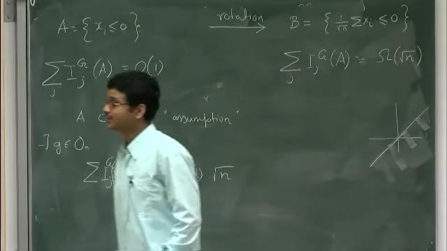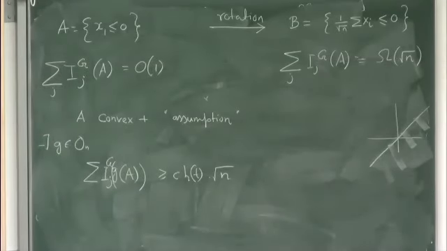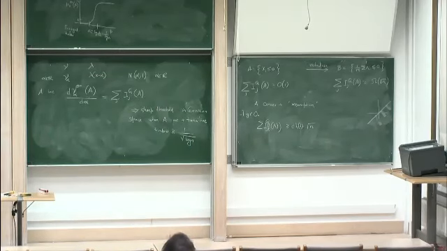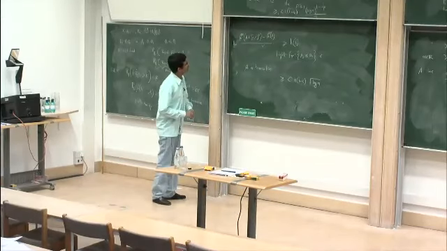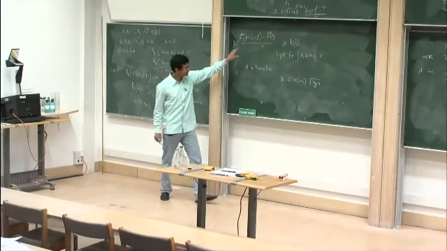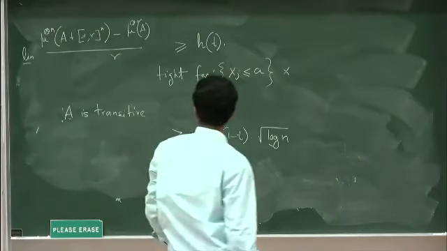Okay, so the time is more or less up, so let me just ask one question here that might be interesting. We proved that when A is transitive, for the Gaussian measure we have this bound on the L infinity boundary.